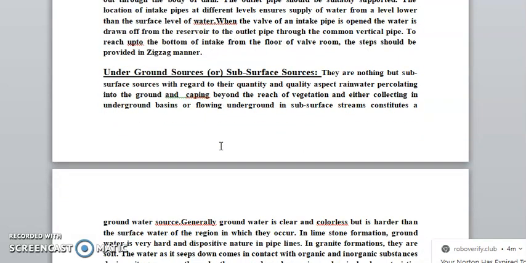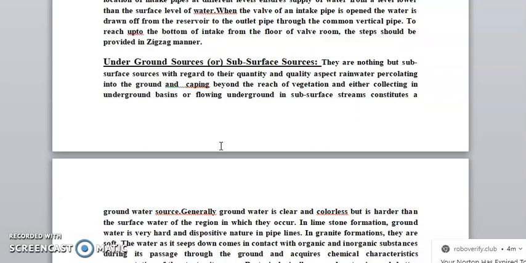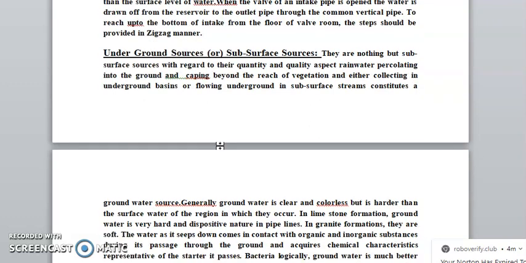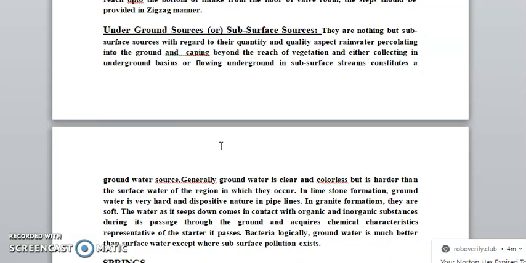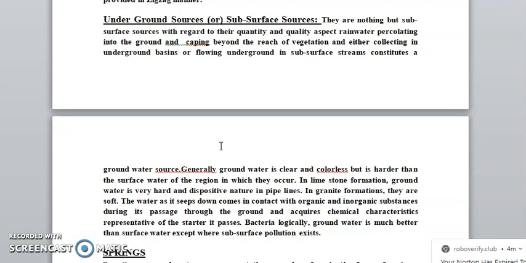Generally, water is clear and colorless, but it is harder than the surface water of the region in which they occur. In limestone formations, groundwater is very hard and depositive in nature in pipelines. In granite formations, they are soft.